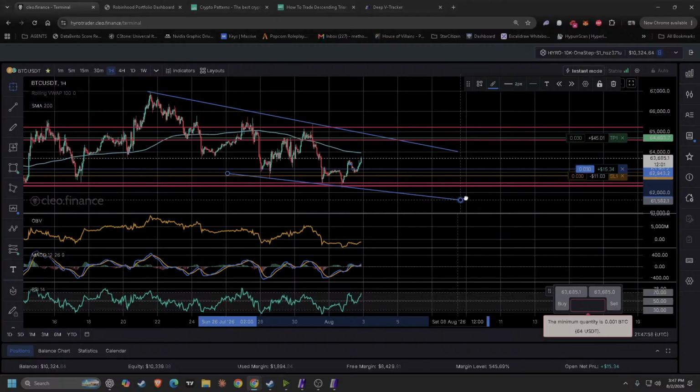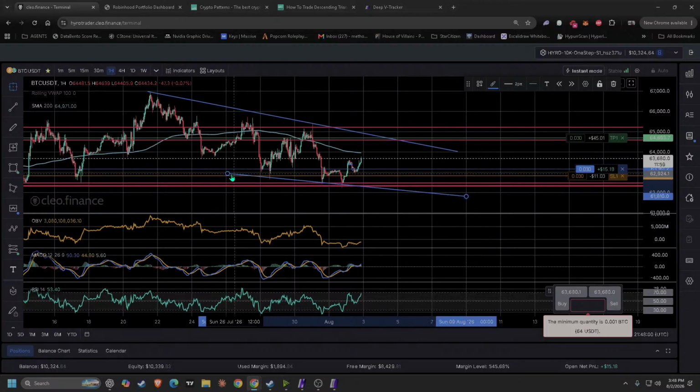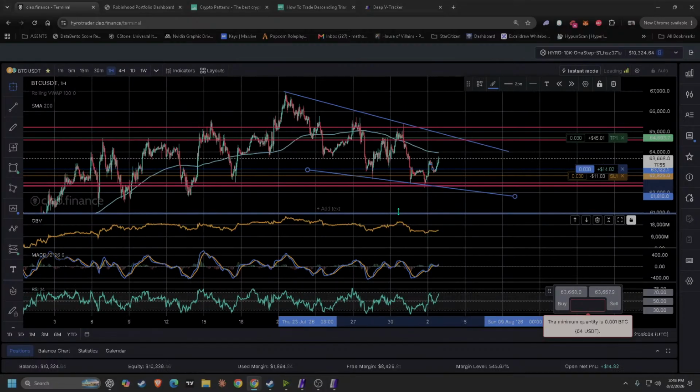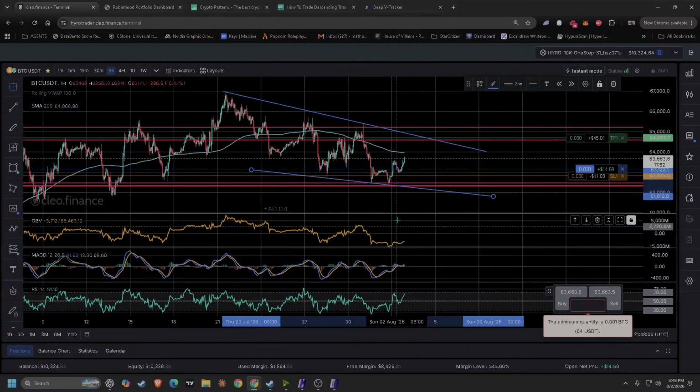And basically that's a falling wedge. Okay, and a falling wedge is a bullish kind of breakout pattern, a reversal pattern.